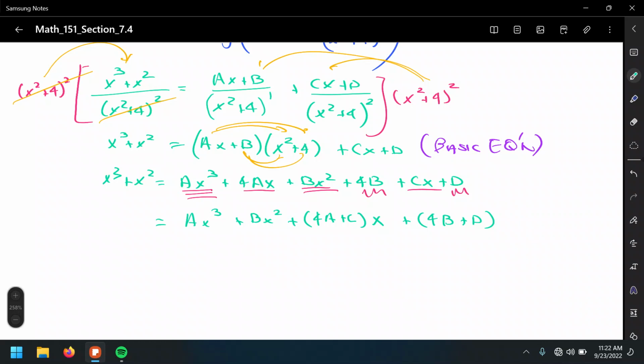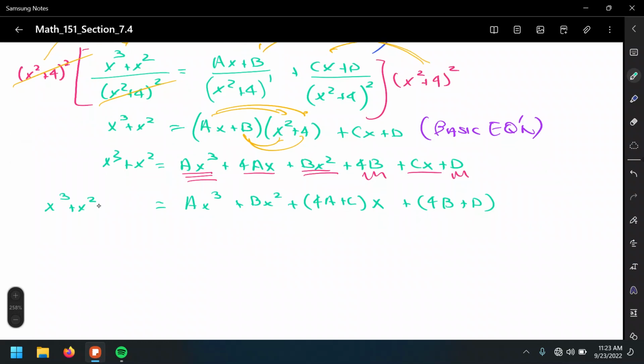Well, so we want to have every single term on the left hand side. x cubed plus x squared, and it looks like this x cubed plus x squared is missing two terms. It's missing the x to the first power, and it's missing the constant term in this case. Well, it's not that they're missing. They're there in spirit.